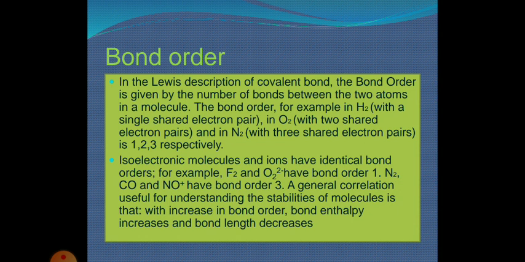This is a very important concept that you should remember while studying or solving questions asked from this concept, that is bond order. I will repeat again: with increase in bond order, bond enthalpy increases and bond length decreases.